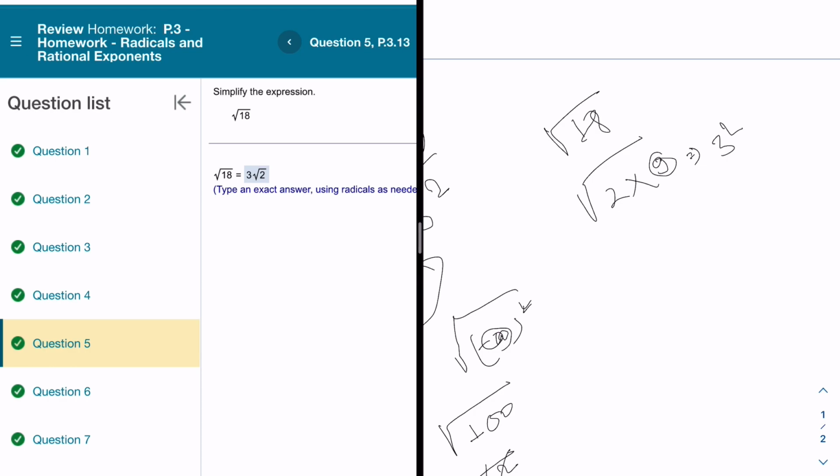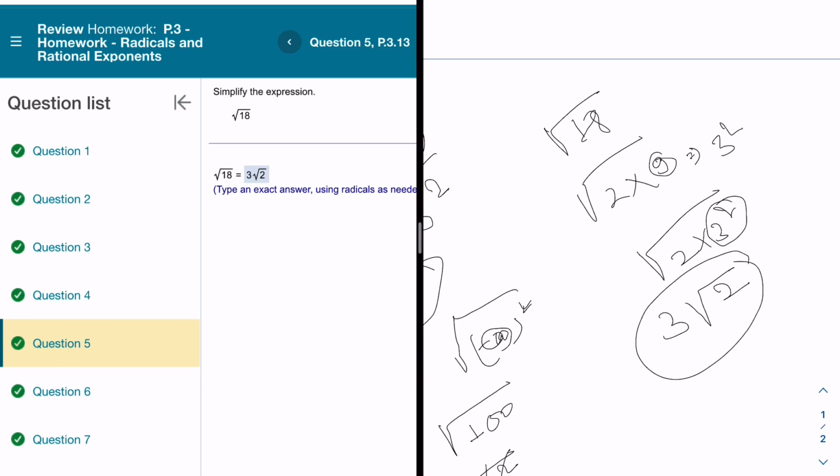Yeah. So now our expression is 2 times 3 squared. So this will go out because we have a square here. So this expression goes like this. So this is the answer. Question number 6.